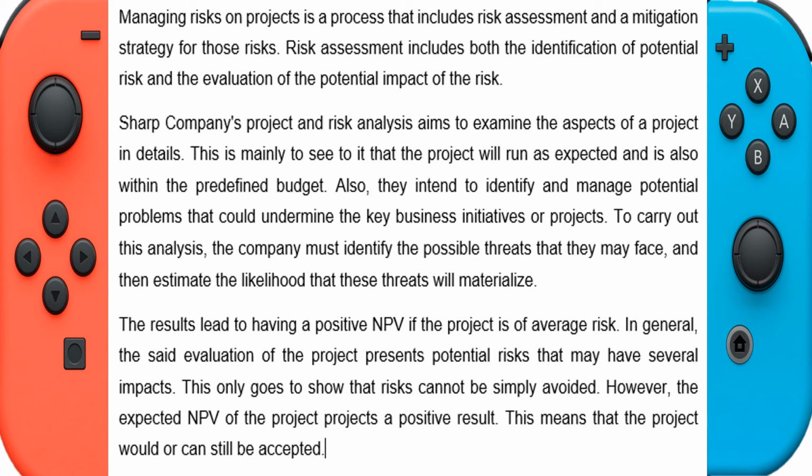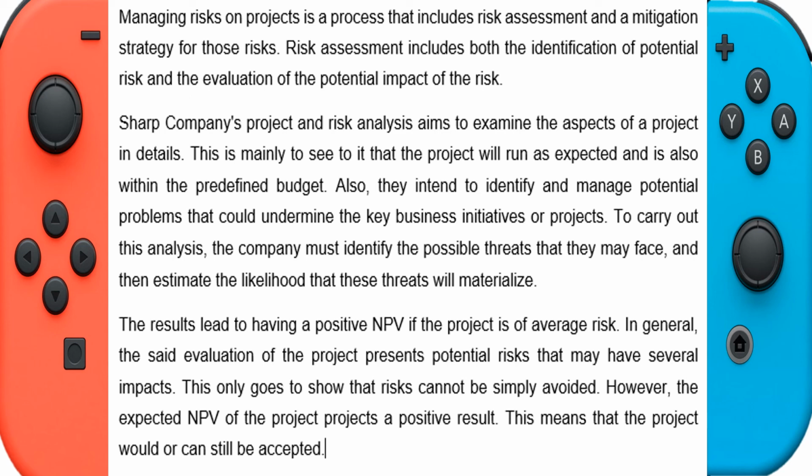To conclude, managing risks on projects is a process that includes risk assessment and a mitigation strategy for those risks. Risk assessment includes both the identification of potential risk and the evaluation of the potential impact of the risk. Sharp Company's project and risk analysis aims to examine the aspects of a project in detail.